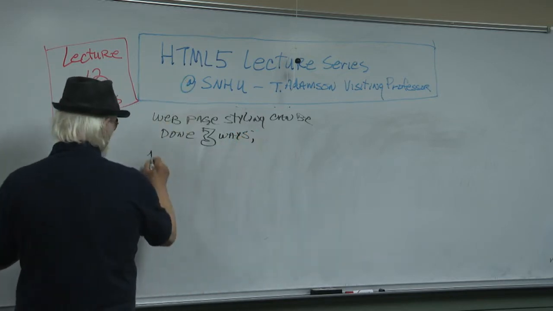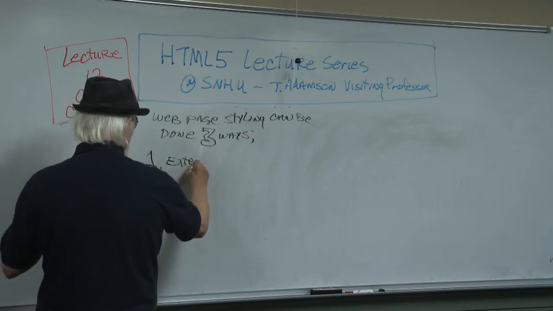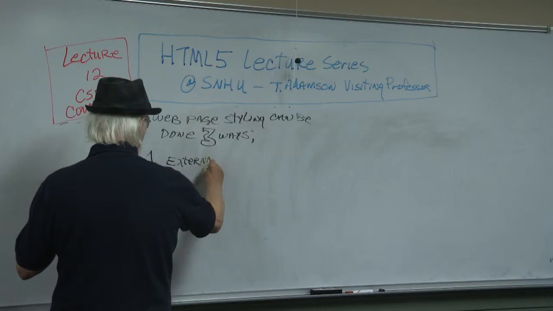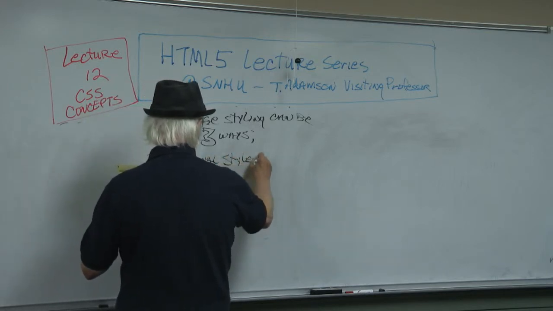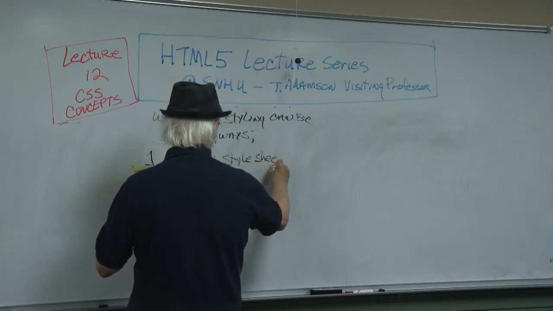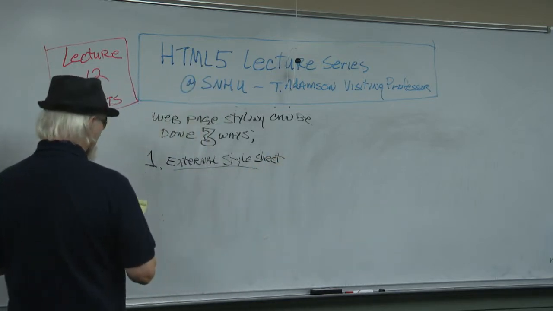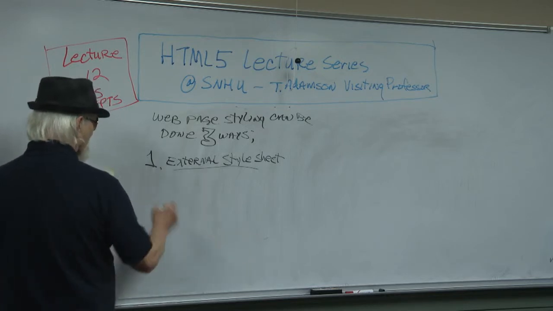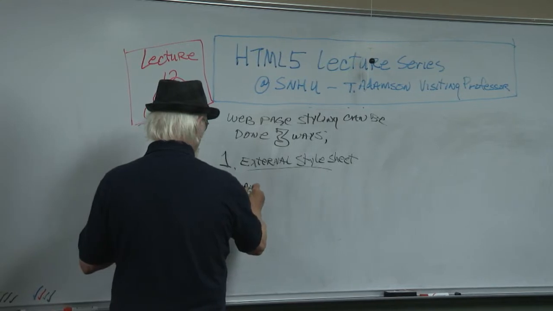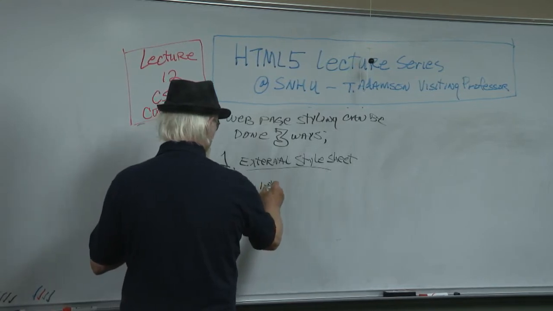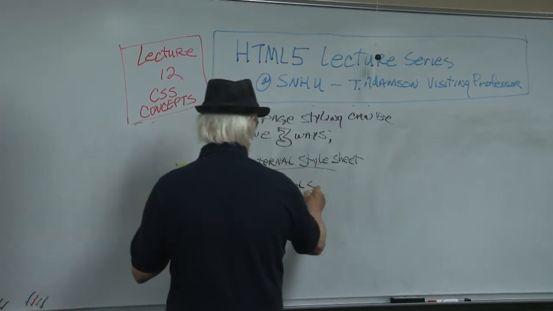One way is what we've talked about, by an external style sheet, which is a text file with a .css extension. Another way, which we haven't talked about yet, is by an internal style.